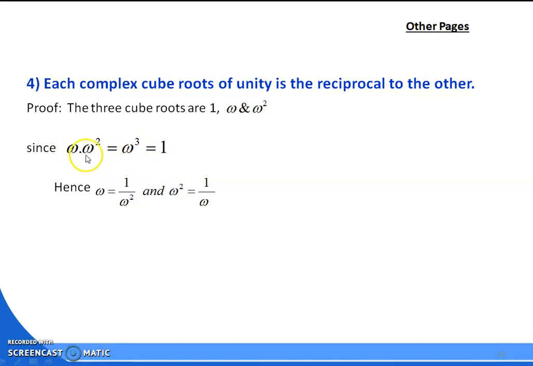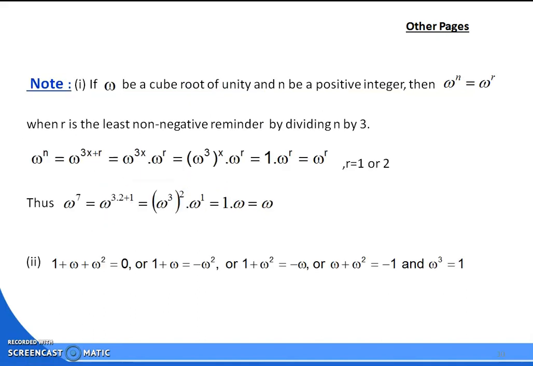Hence, omega into omega square equals 1, which implies omega can be written as 1 by omega square, and omega square can be written as 1 by omega. Clear? So we can say the complex cube roots are reciprocal to each other. Fine. This is your fourth property.